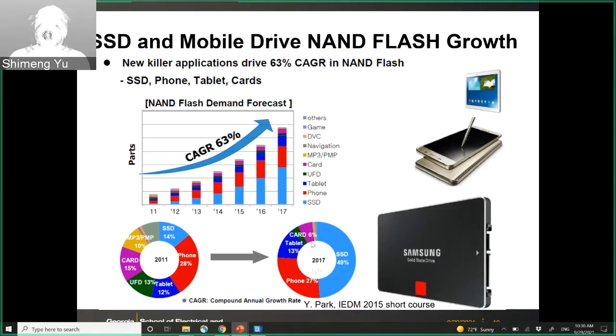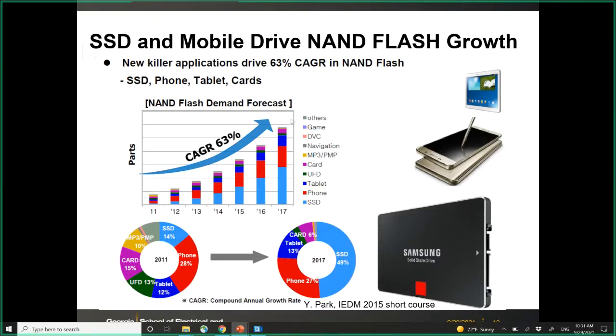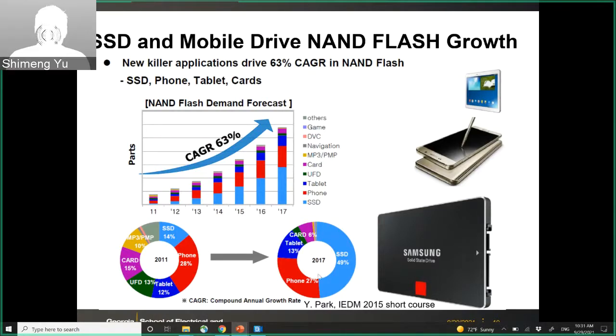And actually, today the major applications for the NAND Flash, let's say 10 years ago, were multiple different applications. You even saw things like MP3 and so on. But today it is more dominated by the SSD and the smartphone, maybe some tablets.